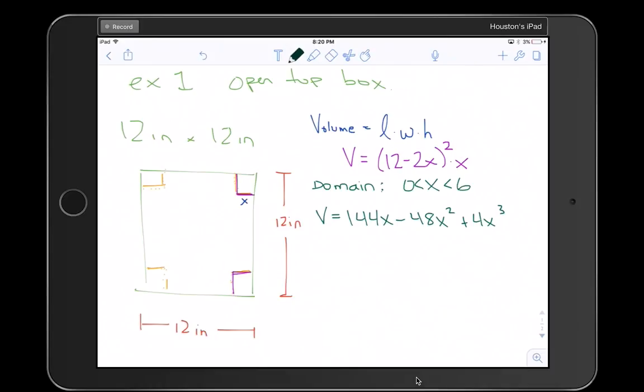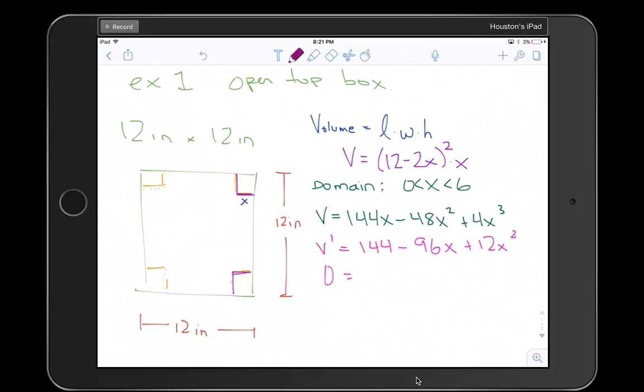So that's our original volume equation expanded. If we find the derivative, we'll get 144 minus 96x plus 12x squared. And we're going to want to set that equal to 0 and solve.